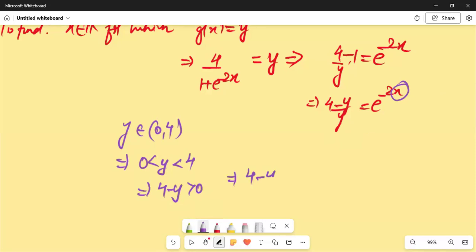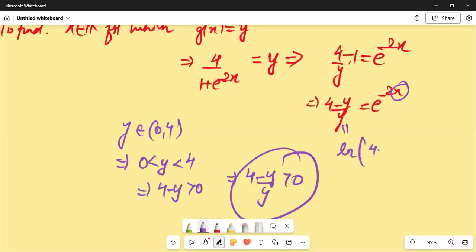This implies (4 minus y) upon y is strictly greater than 0. Since it is strictly greater than 0, you can take the natural log on both sides without any problem, because negative real numbers are not included in the domain of logarithm. That is the reason we have to check this explicitly.